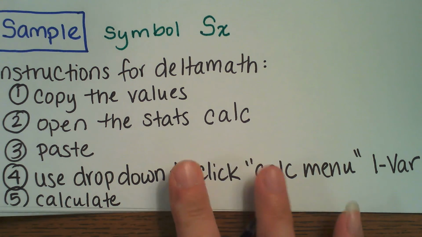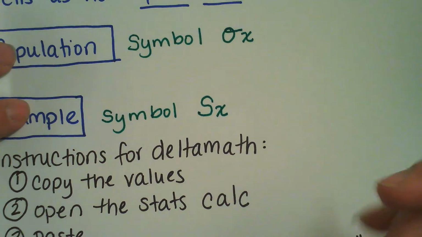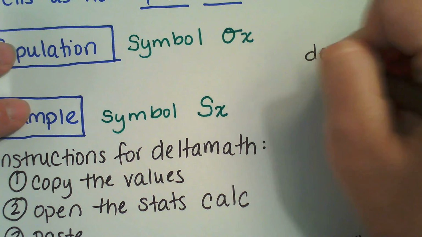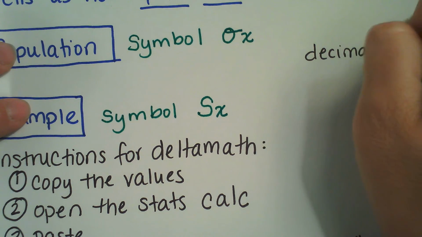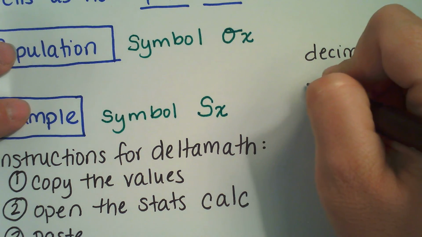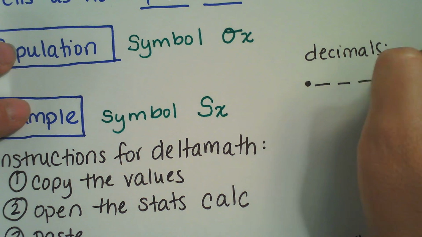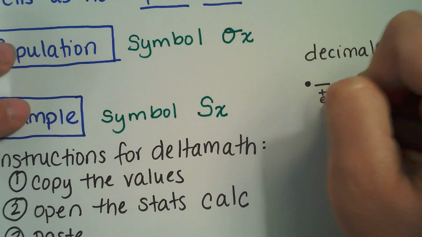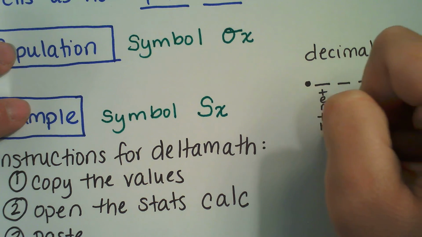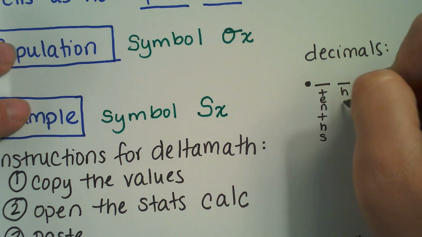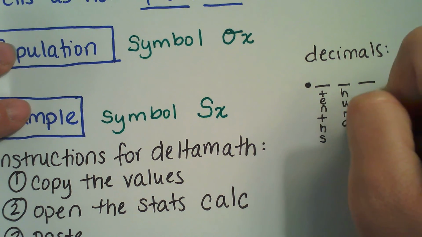Oh, and before I forget, we also need to talk about decimals for just a second. So if you have a decimal, this is the tenths place. This is the hundredths place.